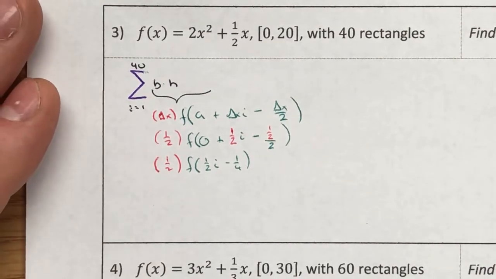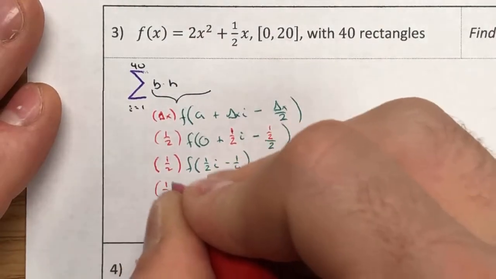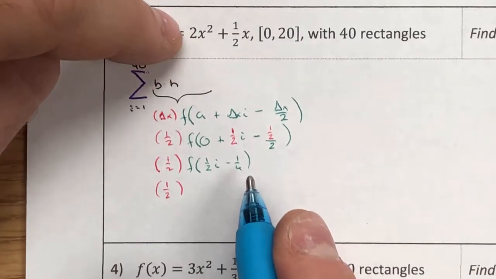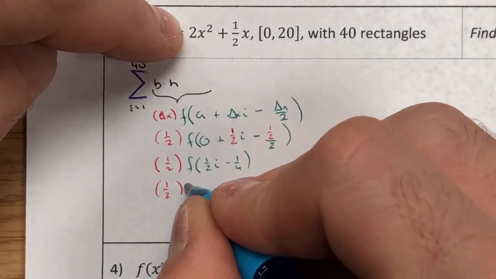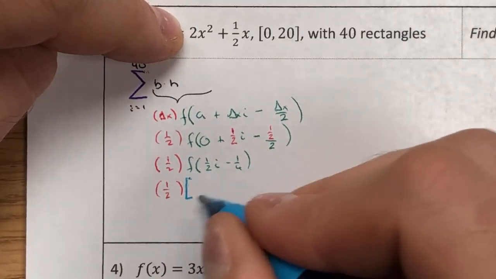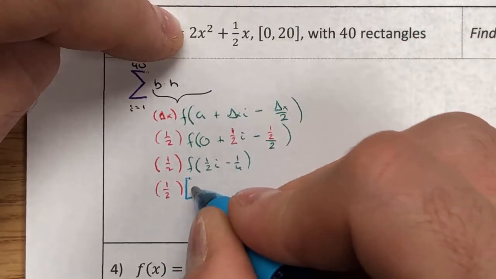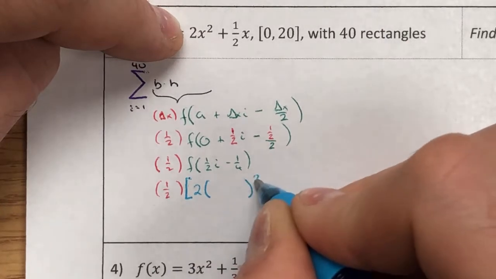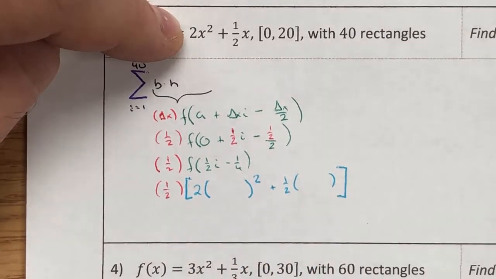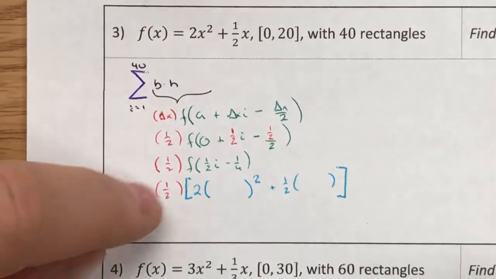And so the first part isn't too bad. I have to plug this value into this function. So let's copy out this function and leave some space. Now I'm going to draw a bracket because it's going to take some simplifying to get this down to size. So 2 squared plus 1/2 of that. What are we plugging in?